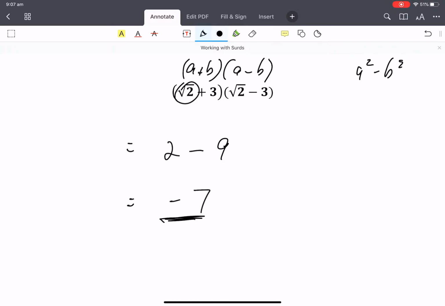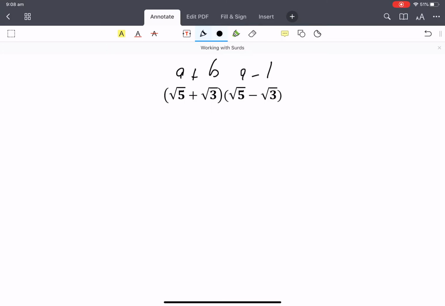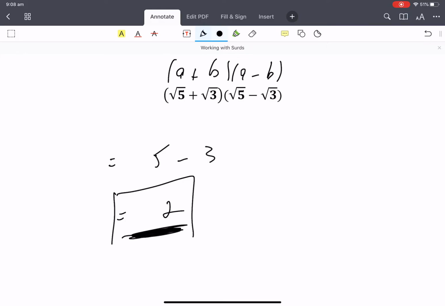Which stands to reason because in our answer all we've got is two numbers that are squared. Well, we're dealing with surds, so that undoes the surd. This is another one. That's a plus b, a minus b, and we're going to go to a squared, which is 5, minus b squared, which is 3, which is 2. The fact that we're ending up with just a number is really important.